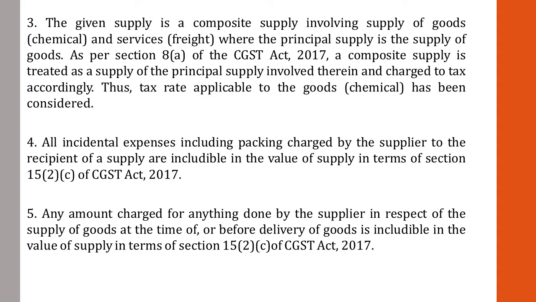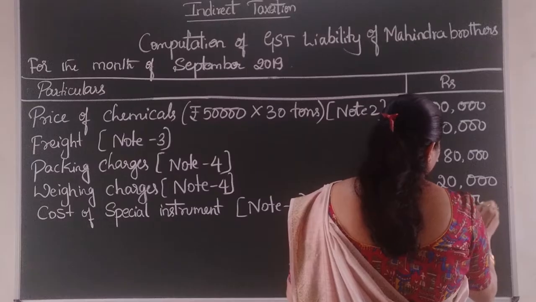In this case, the cost of instruments specially purchased by Mahindra Brothers to manufacture the chemical was incurred by the supplier, so we need to consider the cost of special instrument, that is 3,10,000.